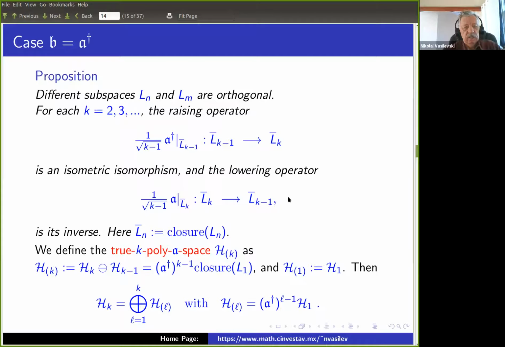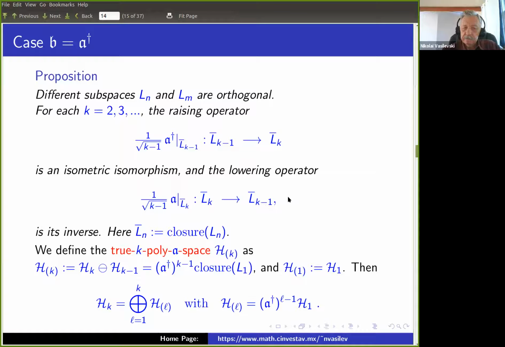First of all, if B is adjoint to A, then the different spaces Lm are orthogonal among each other, and the weighted raising operator A dagger restricted to the closure of Lk minus 1 moves it isometrically to the closure of the next Lk, so it raises it up by one place.